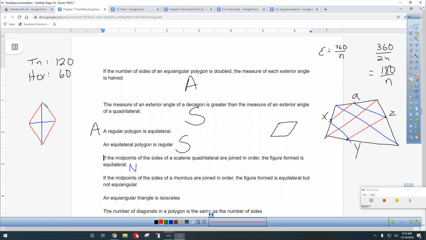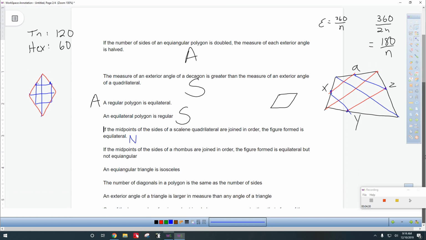That's a decent rhombus. If I connect their midpoints, I get a square. And there's a lot of reasons for that, and we've done that proof many times in this chapter, so if you don't understand that, you better come see me. So this is never true.